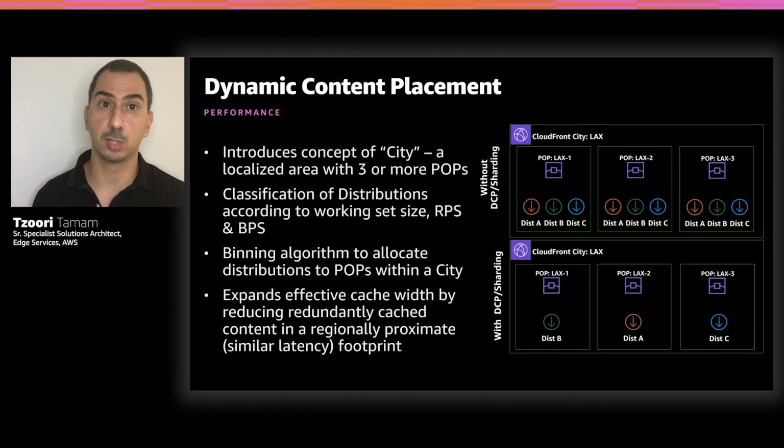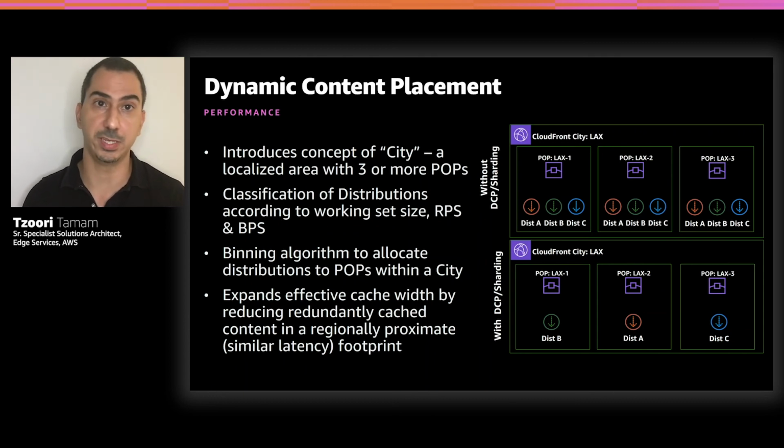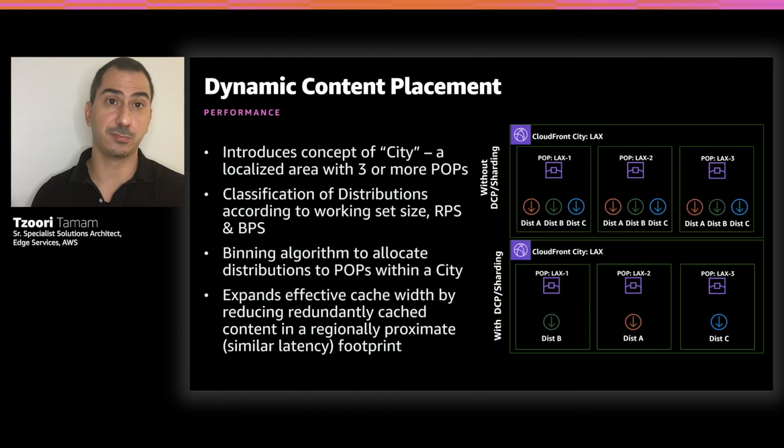It helps solve a scenario where I go and fetch a new file, let's say it's a game or media file or whatever it is. Very popular object, so I would be hitting one of these edge locations around my city randomly, and then if my neighbor asks for the same file, they can randomly hit another edge location. This will bring down cache hit ratios, right?